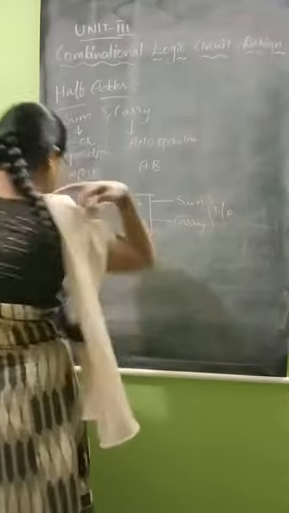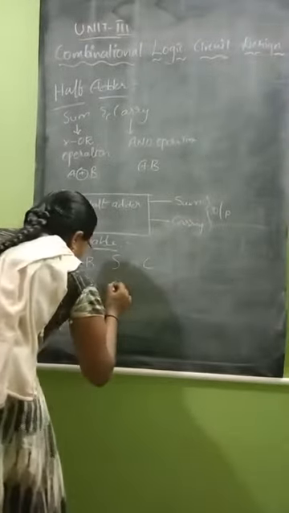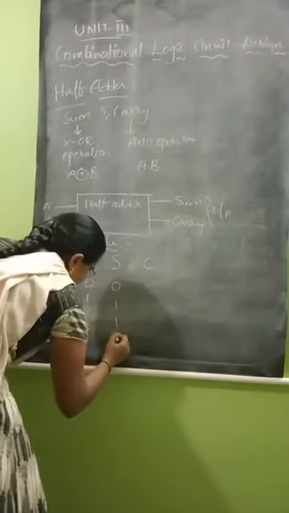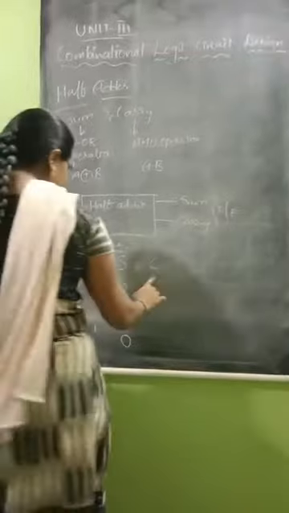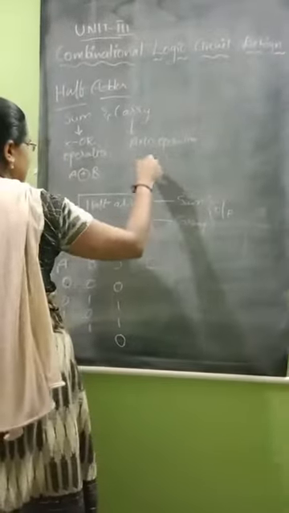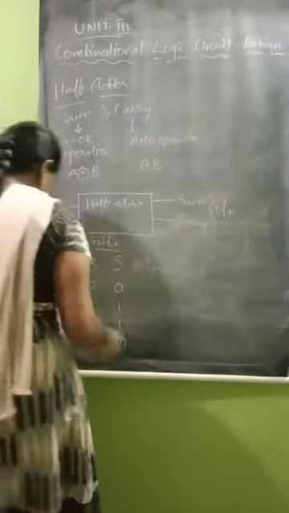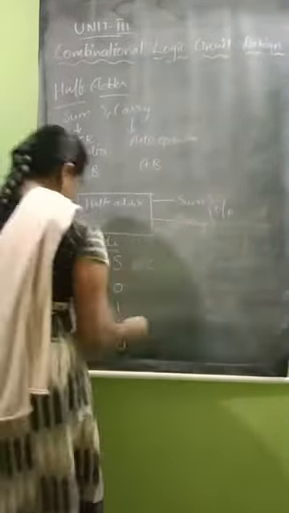Sum is the XOR operation, so 0 1 1 0, and carry is the AND operation, so 0 0 0 1. So this is the truth table of the half adder.